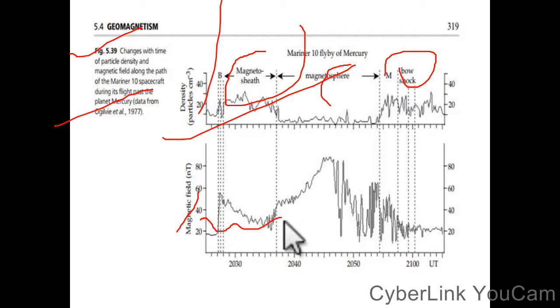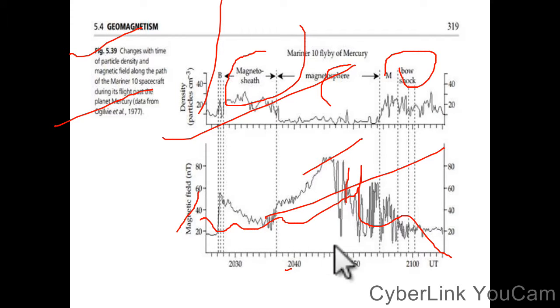Here you can see the peak where it is high, at 2040, a high level to 50. Magnetic fields and density increase here and here, 2100 and 2030.